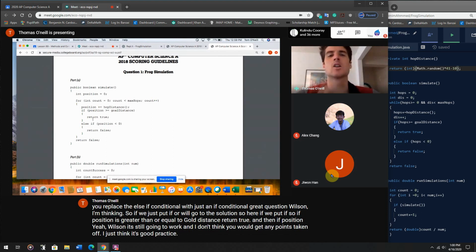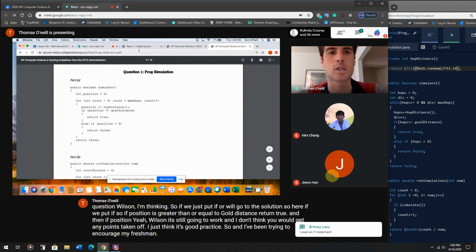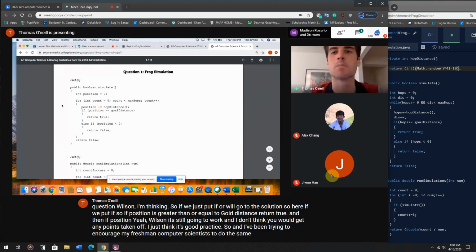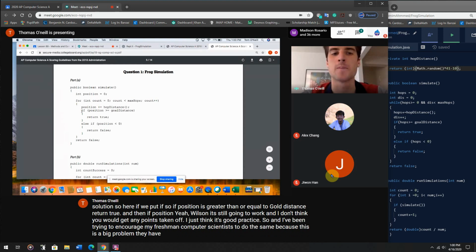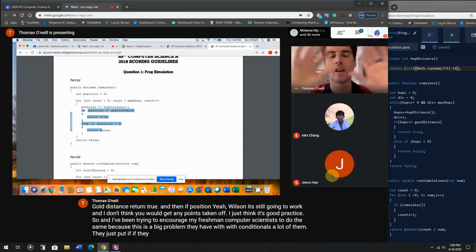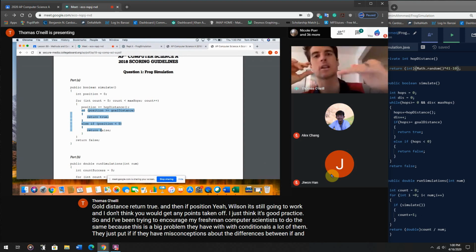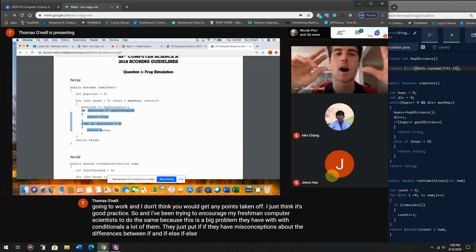I just think it's good practice. And I've been trying to encourage my freshman computer scientists to do the same, because this is a big problem they have with conditionals. A lot of them, they just put if. They have misconceptions about the differences between if, and if, else if, else if, else if, else.